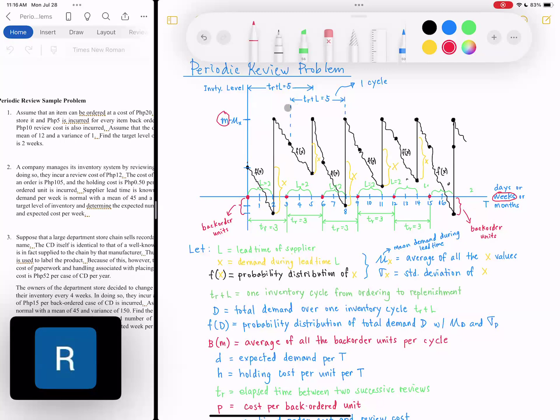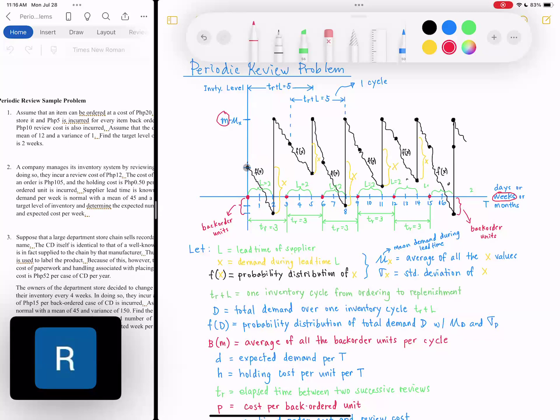So you have a target inventory level. Okay, say that's 100 units. Okay, so when you place the order here at this point, your target is to replenish it back to 100. Okay, so if let's say this level here is 40 units, what you will do is after the review, after the physical count, you will place an order here for 60 units because you have 40 and your target is 100.